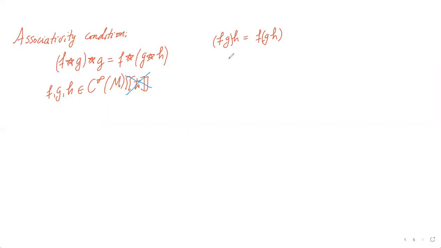Then the next term will look like, well, let me write it like this. {F, GH} is equal to {F, G}H plus G{F, H}, if I'm not mistaken.